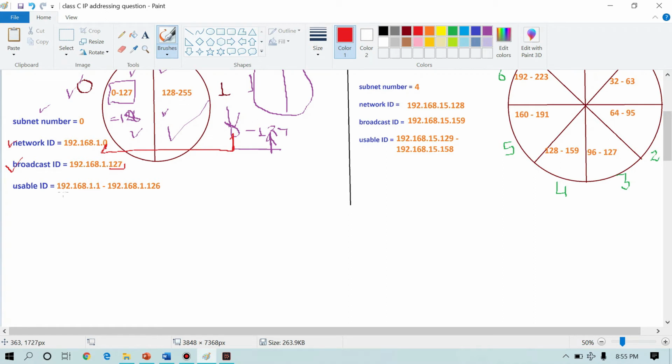These three parts are similar. From 1 to 126 we have usable IDs. 0 is reserved for network ID and 127 is reserved for broadcast ID, but in between these we have our usable IDs. So 1.1 to 1.126 we have usable IDs.